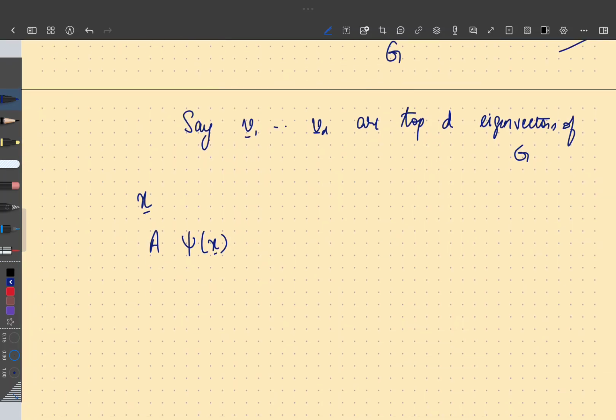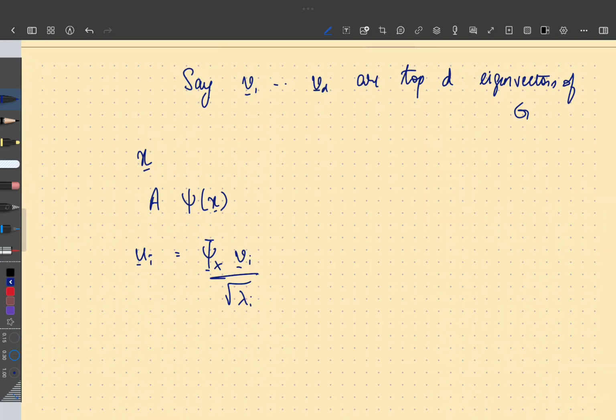But then my ui is psi x times vi divided by root lambda i, where this psi x is an n by D matrix.